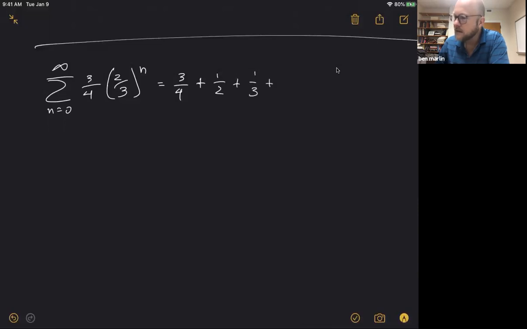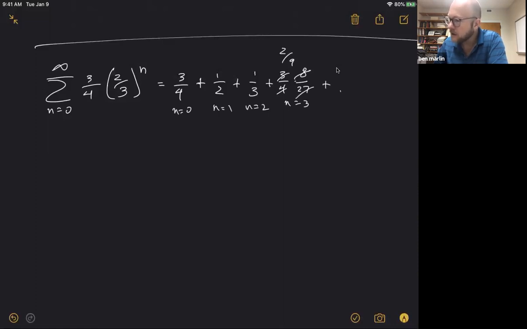And then when you plug in n equals 3, I'm going to have to jot these down as I go to keep track. So when I plug in n equals 3, I've got 3/4 times 8/27, which will give me some cancellation here, and I would have 2/9 coming out of it.